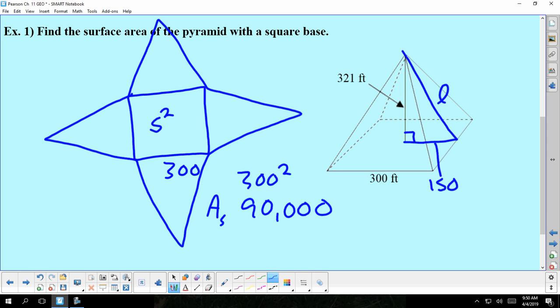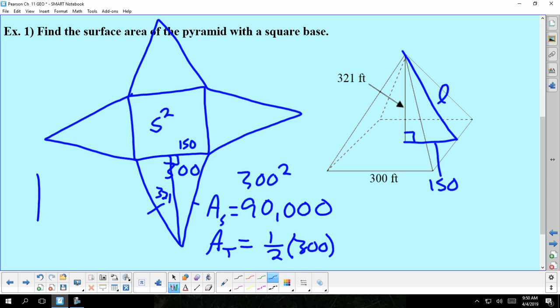And then I want to figure out the area of one of those triangles. I'm going to do 1/2 base times height, and I know the base is 300. I need to figure out that slant height so I can figure out the height of this isosceles triangle. So that's 150. Right? And we're given that this is 321. So I'm going to pop that out. 321, 150. It's always the hypotenuse that we're looking for, the slant height.